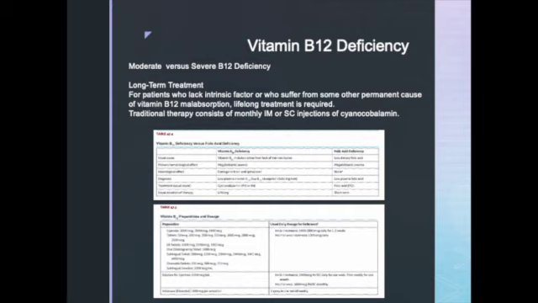Sometimes these neurologic deficits can take about 2 to 3 months to recover, but even then, this is still relatively fast compared to if you don't provide treatment of vitamin B12 deficiency at all.